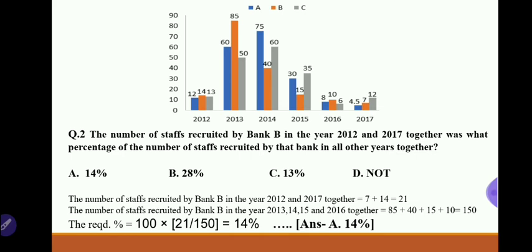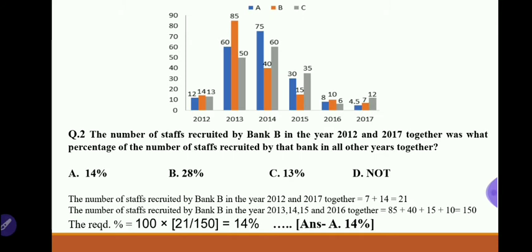Next question. The number of staff required by bank B in the years 2012 and 2017 together was what percentage of the number of staff recruited by the bank in all other years together? So it is asked to find the percentage. First we find the number of staff recruited by bank B in 2012 and 2017.